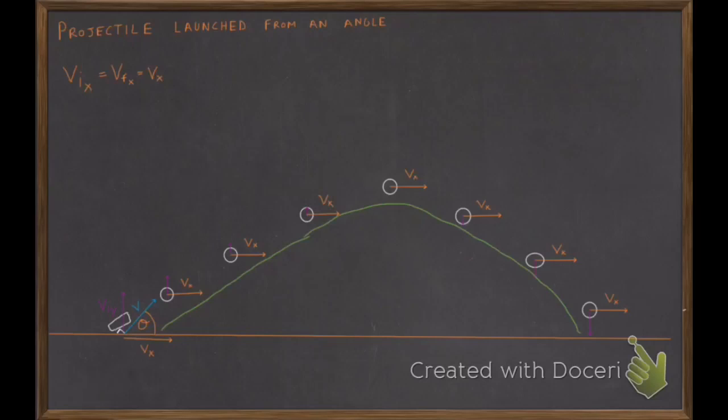Well, there's the trajectory. And if we think about these cannonballs as snapshots, whatever happens on one side of this upside down parabola will happen on the other side.